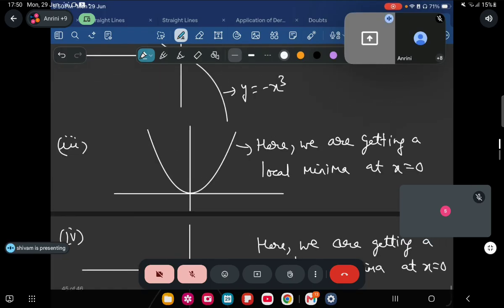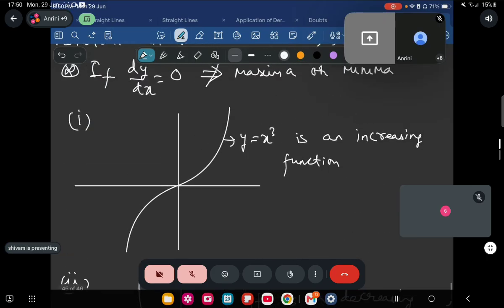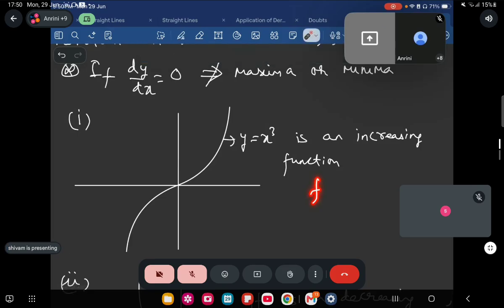Next, over here, f of x equal to x cube. If you find out the derivative, f dash x will be equal to 3x square.